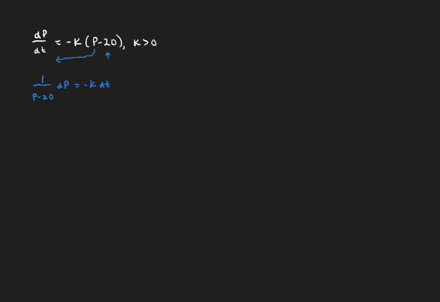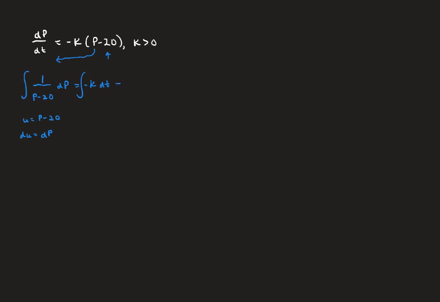So now we have separated the variables. This k, remember, is not a variable, it's just some constant. And so we're now going to integrate both sides, the left side with respect to p and the right side with respect to t. Now, if you like, you can make a u substitution and say the whole denominator is p minus 20, and that would make the du equal to dp. You might be able to do that in your head.